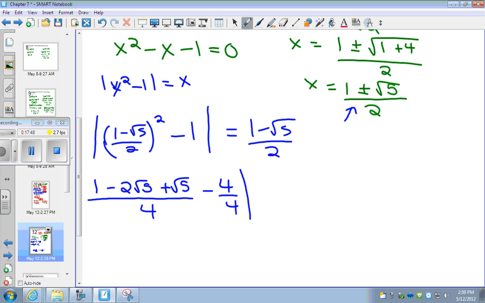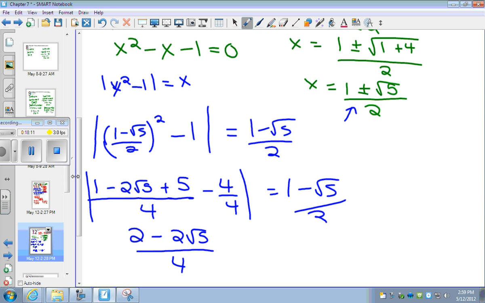I'm going to do it all in one step there. Okay, oh, I can't square root 5 some days. Plus 5. Okay, 1 plus 5 is 6 minus 4 is 2. I have 2 minus 2 root 5 over 4. Okay, is that equal to 1 minus root 5 over 2?